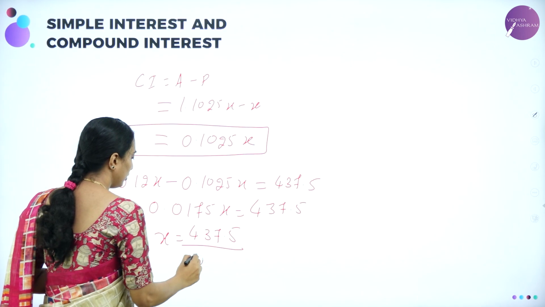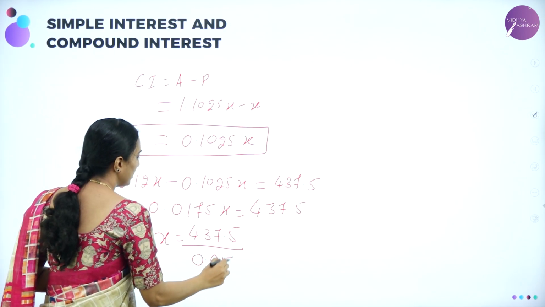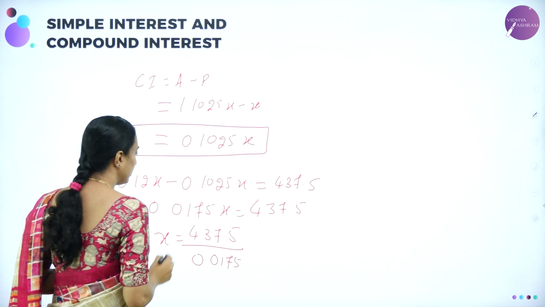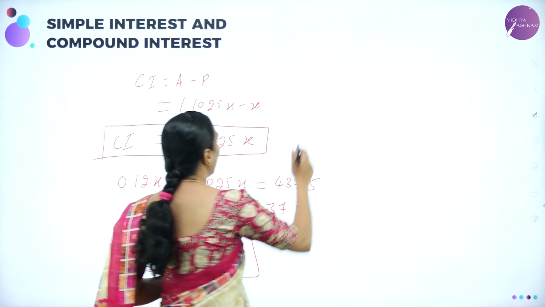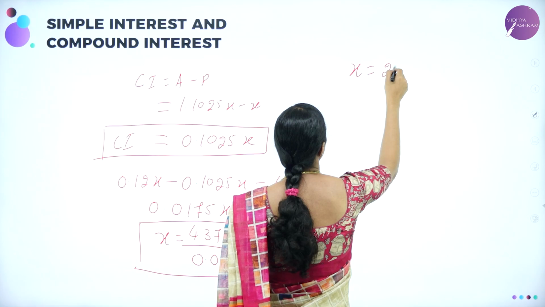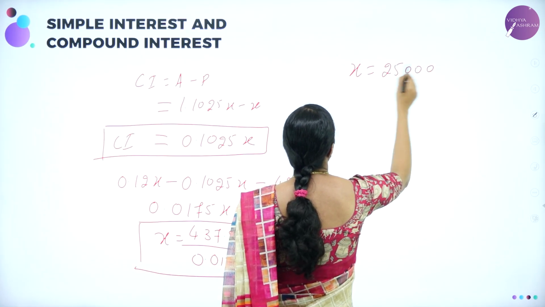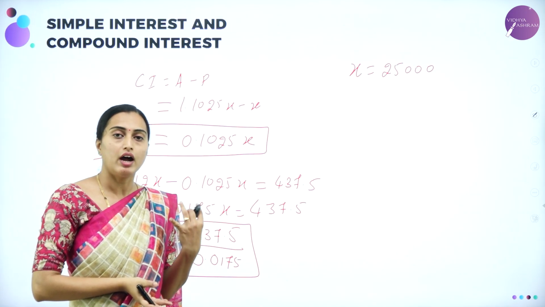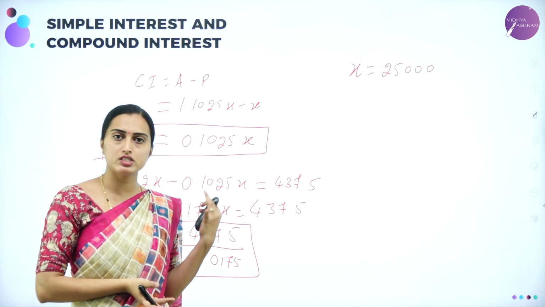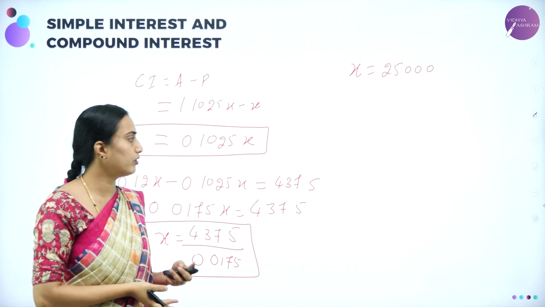Now you are going to calculate this one. Now you are going to get the answer. X will be equal to 25,000. Now, at 6% simple interest it is 25,000. At 5% compound interest it is 25,000. Isn't it? That is what we needed to calculate.